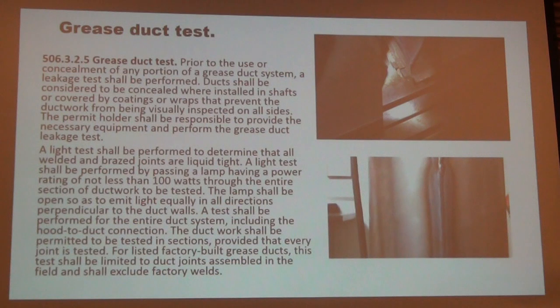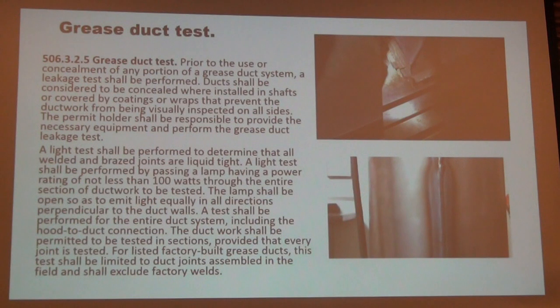Basically, what you do is you put a 100-watt light bulb down it. When I do grease duct inspections, I prefer that it's a twofold inspection. Before they even put the ductwork up, I have them set it on the floor and run the light through it to check the seams.